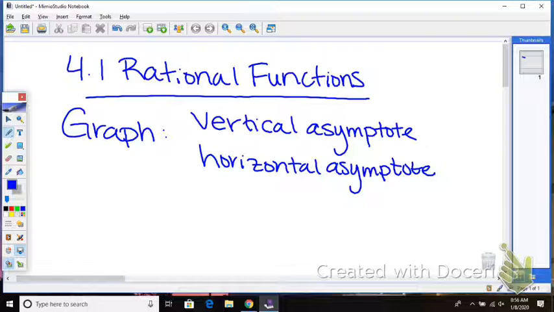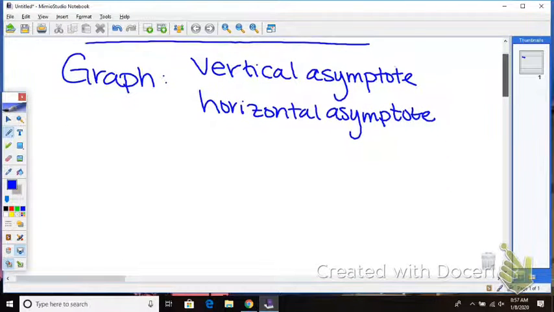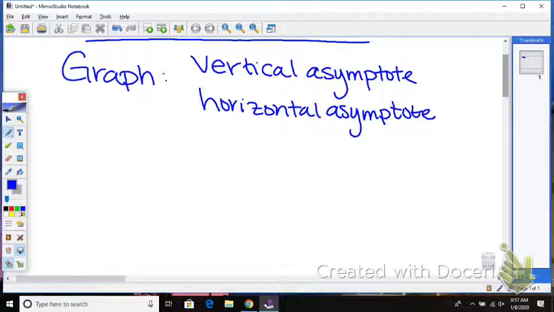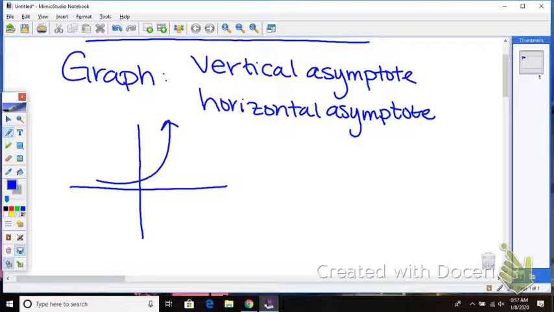Okay, vertical goes up and down, right? Horizontal goes left and right. What an asymptote is, it's kind of like a magnet. If I have a graph that looks like this, it goes like this, and then you have this little imaginary line here, and then it goes like this.